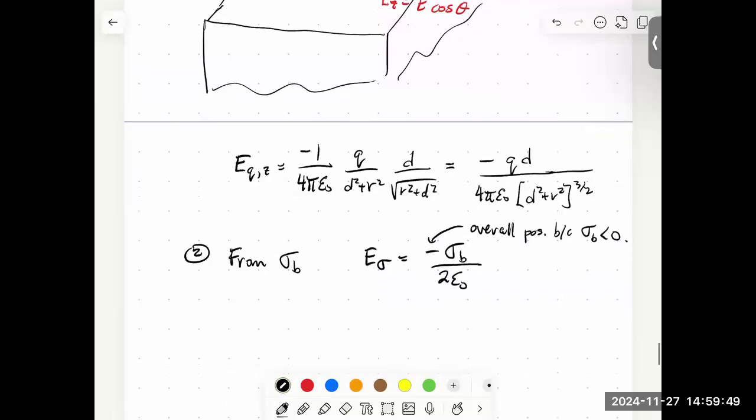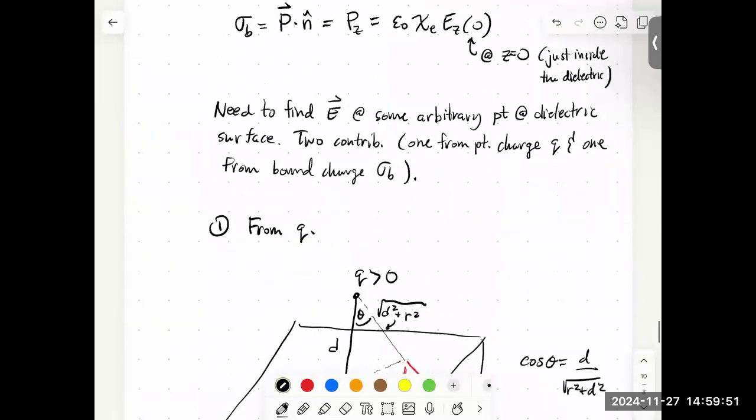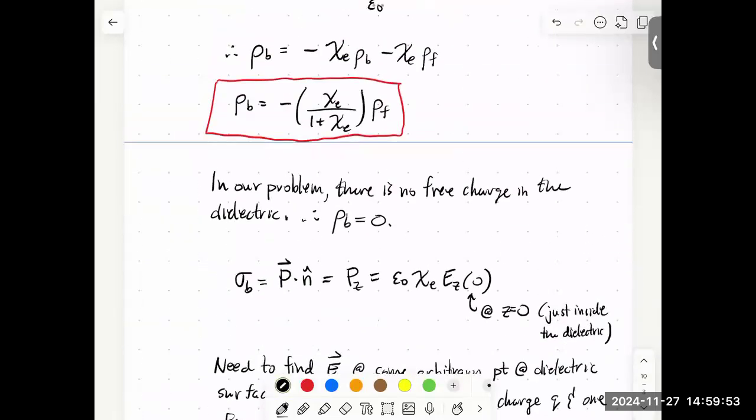Okay, so what we want to do is combine all of this together. Sigma B is epsilon naught times the susceptibility. Oh, I guess because we already have this factor up here, maybe that's why. But anyway, we have the total electric field in the z direction.